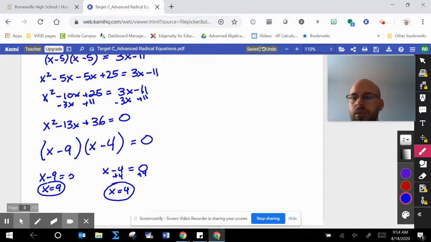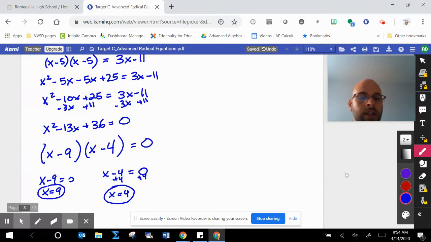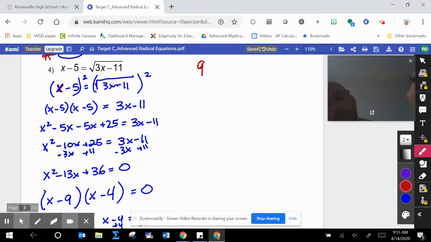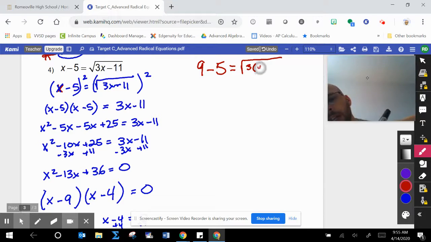So I have two solutions, but we need to make sure none of them are extraneous. So I'm going to check 9 and 4. We'll start with the 9. I'm going to substitute that in. 9 minus 5 equals the square root of 3 times 9 minus 11.